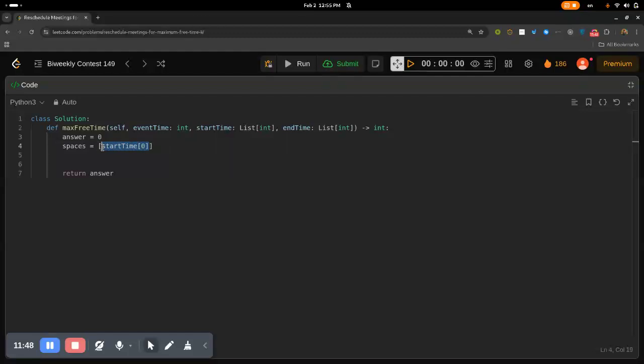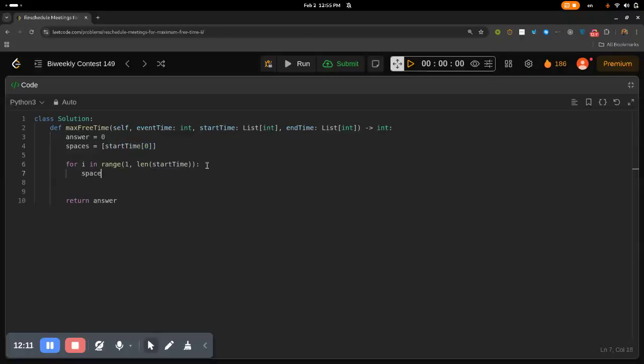So any free space we have before the start time is going to be represented by this start time, and we start from, we are going to iterate over all the meetings, and we should leave the one behind because we already added here. And we are going to add the spaces we have into the spaces, and we are going to do that start time at the current position minus end time at the previous position.